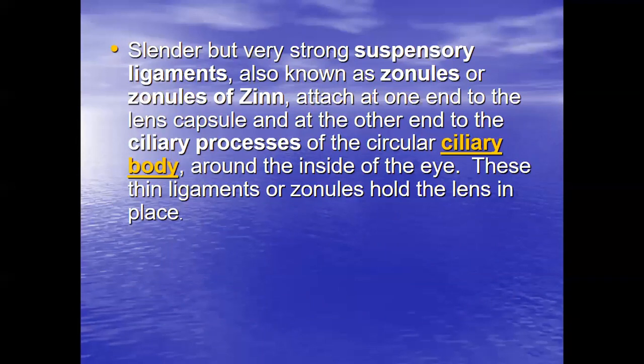Iris. What is the posterior uvea? Choroid. What is the intermediate uvea? Ciliary body. Uvea is the middle coat of the eye. It is divided into three parts: the anterior uvea, that is iris, the posterior uvea, that is choroid, and the intermediate uvea, that is ciliary body. Now this ciliary body has ciliary processes to which these zonules are attached.